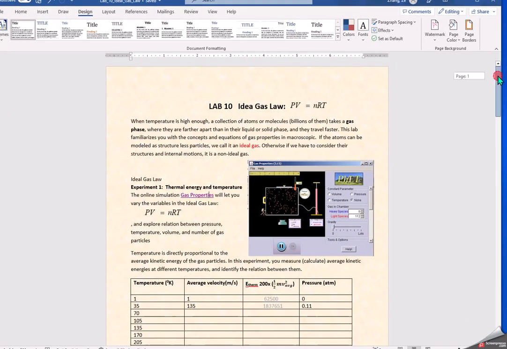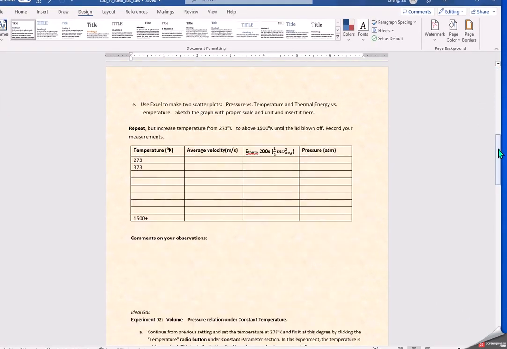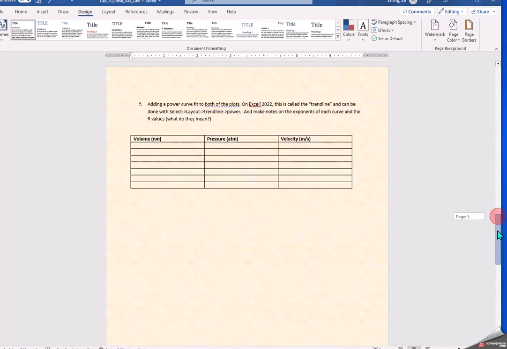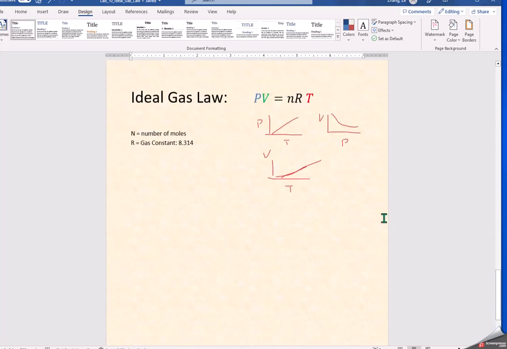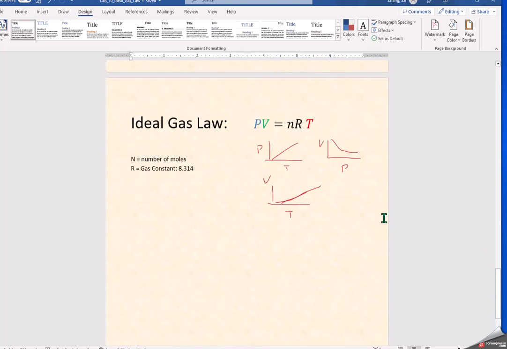We will explore more about this equation in class, but let's do a little bit of analysis to see what we are trying to explore. The ideal gas law, as we said: pressure of the gas times the volume of the gas is equal to something proportional to temperature.